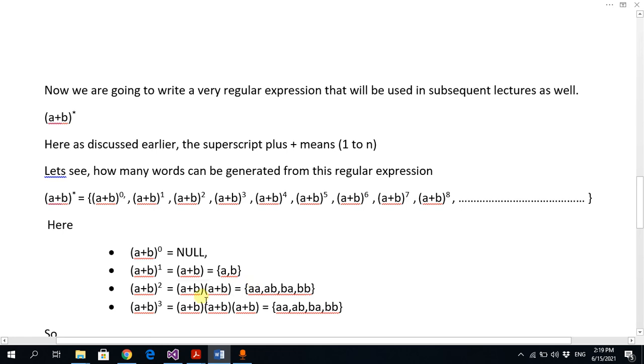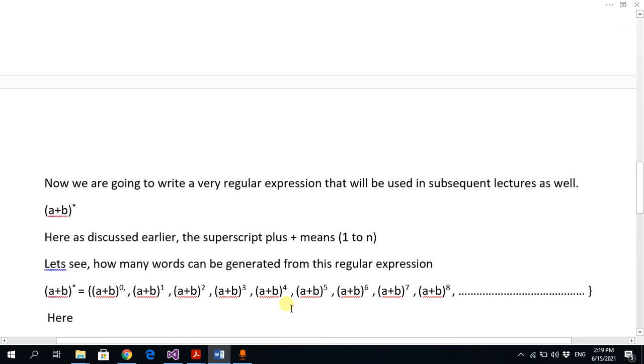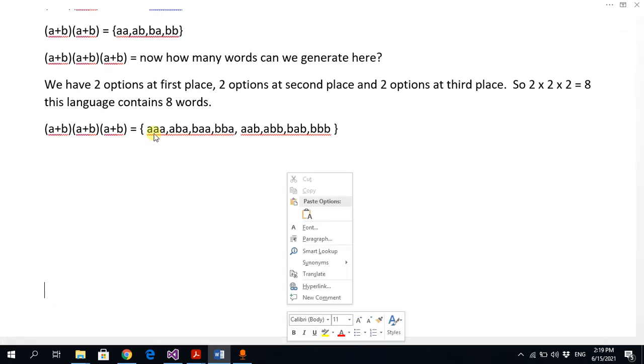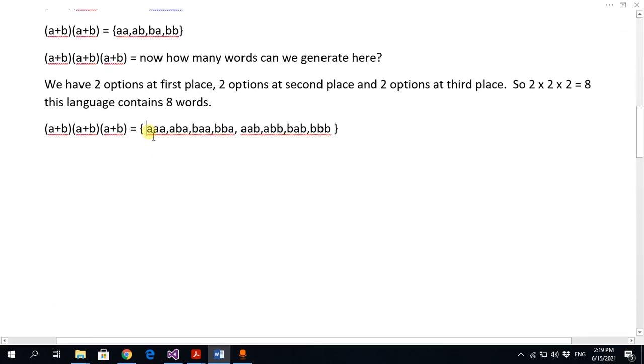And if we assume 3 here, then like we saw earlier, it is equivalent to (a+b)(a+b)(a+b), and can generate these 8 words. Sorry, I made a typing mistake there.